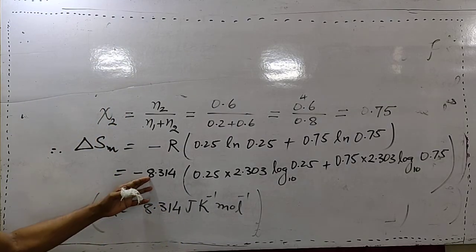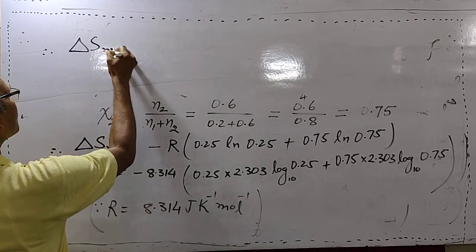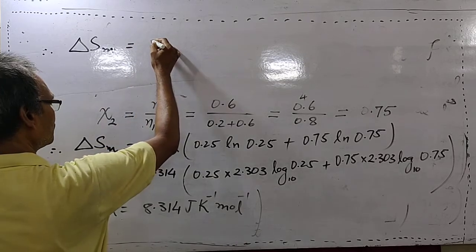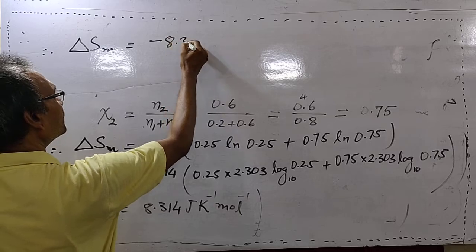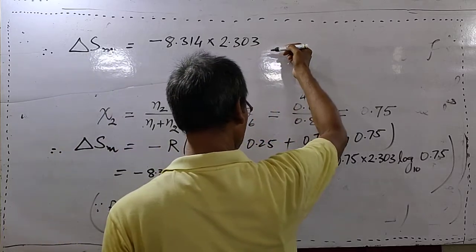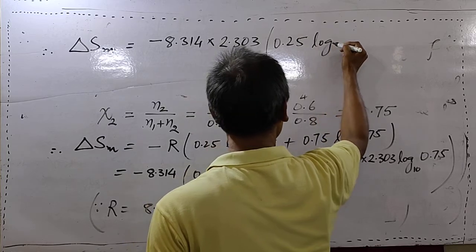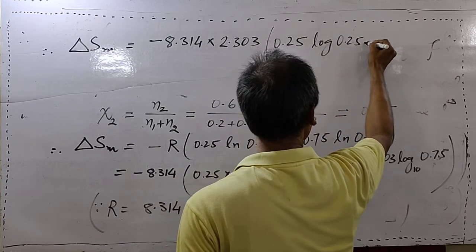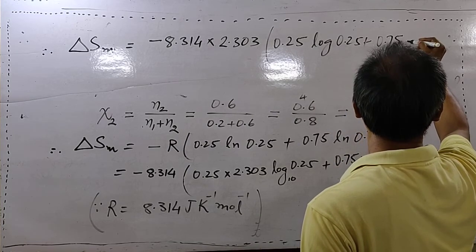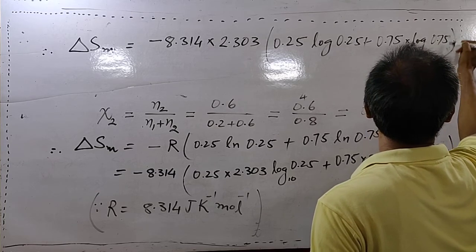Now simplify. Delta S_m will be equal to minus 8.314 into 2.303 into [0.25 log 0.25 plus 0.75 log 0.75].